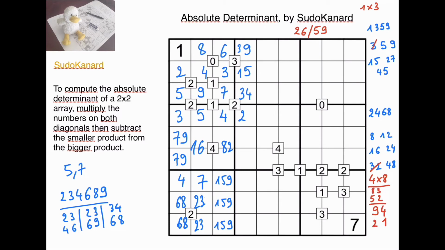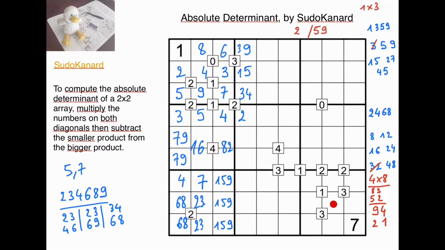So we now know that 6 can't appear in this square. So we can rule 6 out from the list. We only have 3 candidates for this digit.